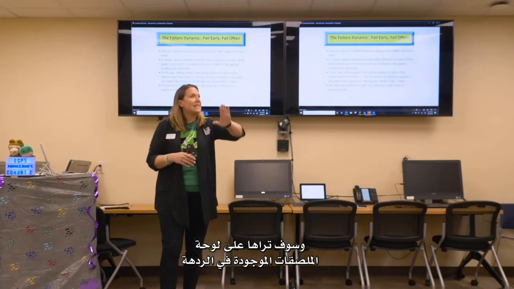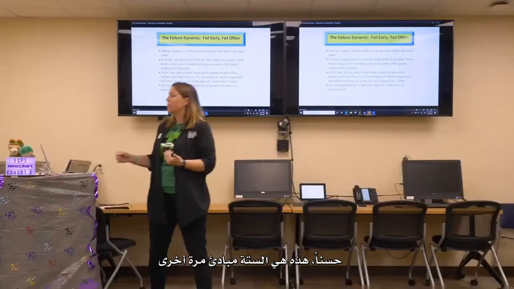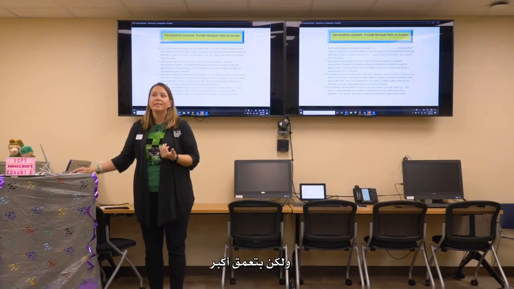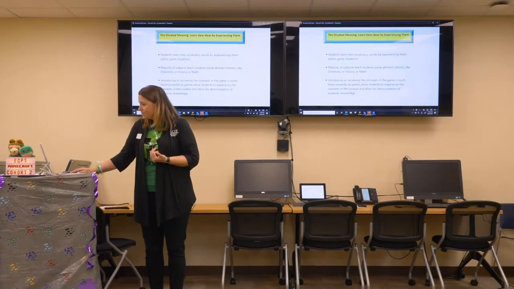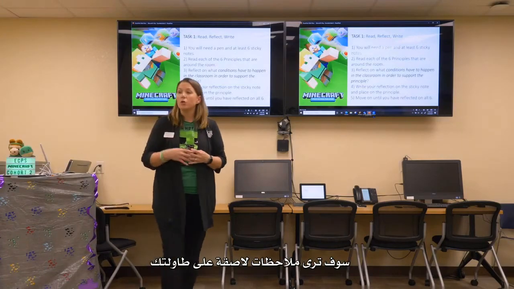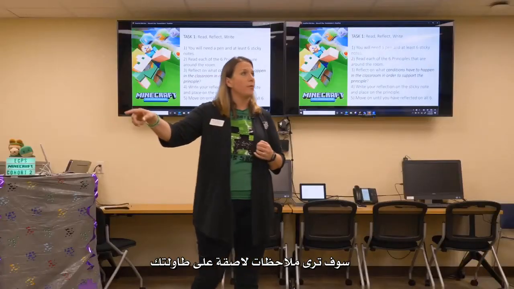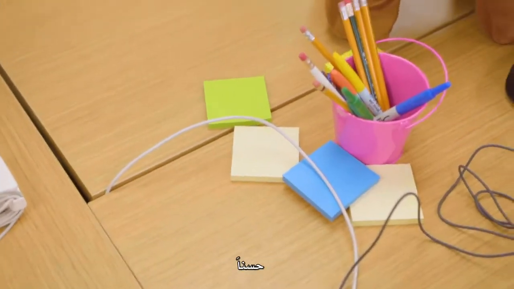Now, you will see these out in the hallway on poster board. Okay? There's these 6 principles again, but a little bit more in depth with reading. Okay? And so what you are going to do is work as an individual first. So you will see you have Post-it notes on your tables. Each person's going to need 6 of those Post-it notes. Okay?